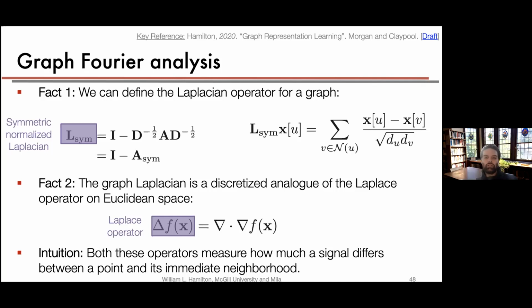The Laplace operator measures how much a function or signal changes between a node and an infinitesimal neighborhood around that node. Both of these, one discrete and one continuous, measure how much a signal differs between a point and its immediate neighborhood. This gives us a connection between the Laplacian matrix we can define on graphs and the more general Laplace operator.